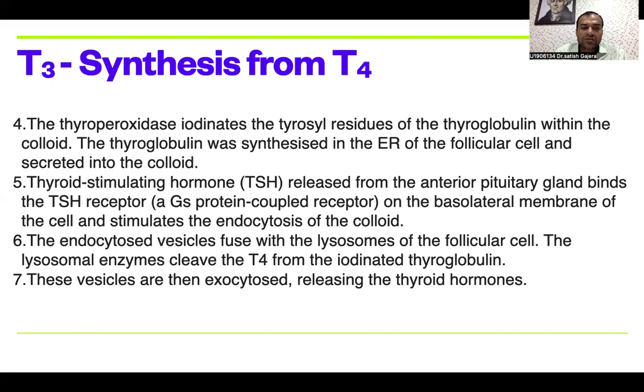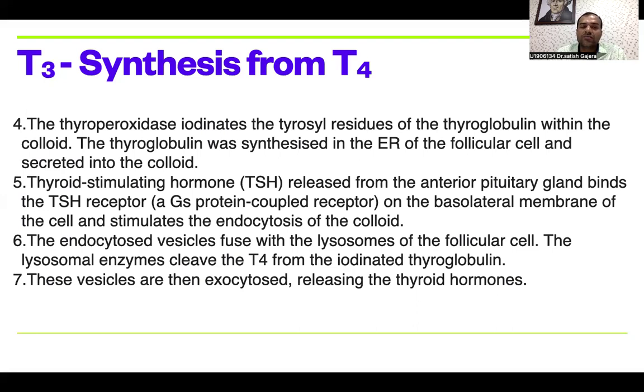The endocytosed vesicles fuse with the lysosomes of the follicular cell. The lysosomal enzymes cleave the T4 from the iodinated thyroglobulin. These vesicles are then exocytosed, releasing the thyroid hormones.